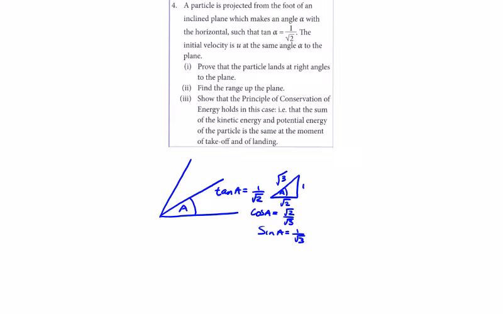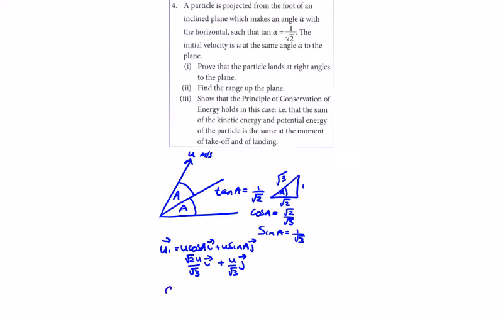The initial velocity is u, so we have u meters per second, and at the same angle alpha to the plane, same angle. So my initial vector is going to be u cos A in the i direction plus u sine A in the j direction, which is going to be root 2u over root 3 in the i direction plus u over root 3 in the j direction.